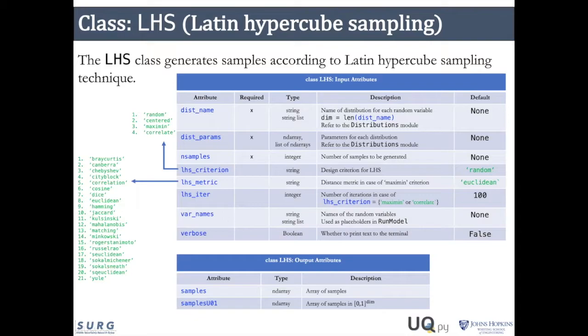But we also have an additional attribute called samples U01, which stands for the corresponding samples in the uniform hypercube. Both of these attributes can be acquired from the LHS class.